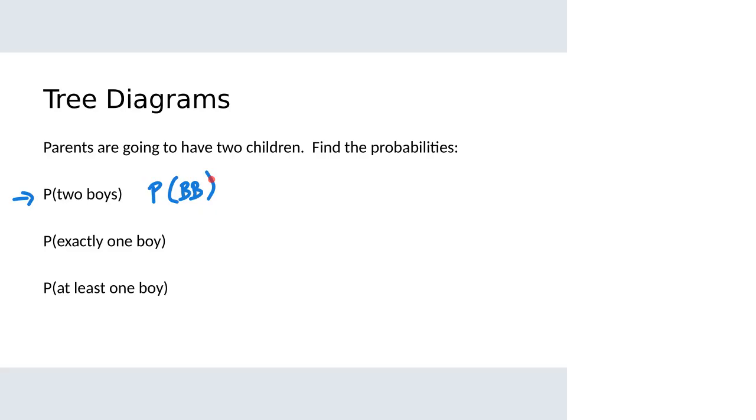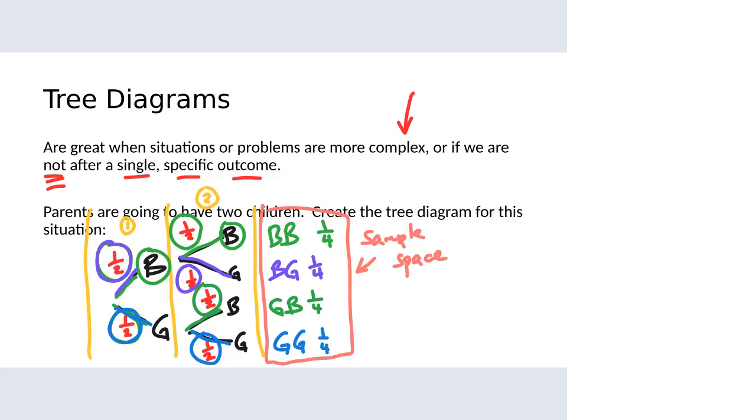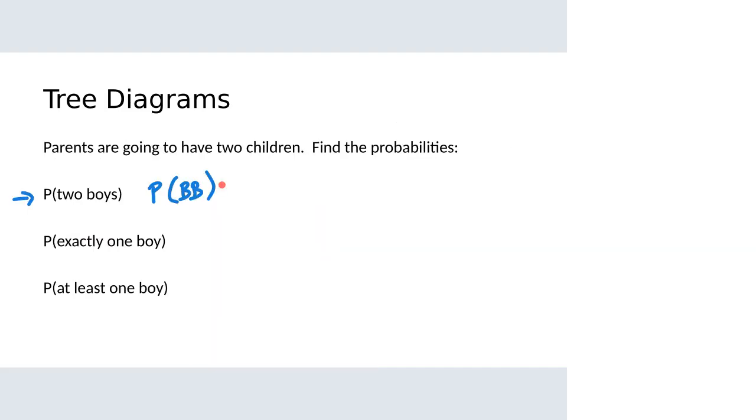You could just do this one as 1/2 times 1/2 is 1/4 and you're done, because it's a single specific outcome. But we went to the trouble of making the tree diagram. We went to the trouble of making the sample space. Let's go see what our answer is going to be here. So we'll go back and we'll say, all right, boy followed by boy, that has a probability of 1/4. So my answer here is just 1/4.